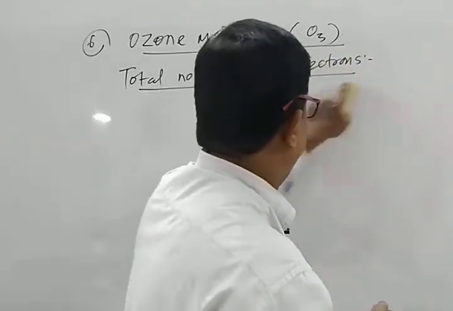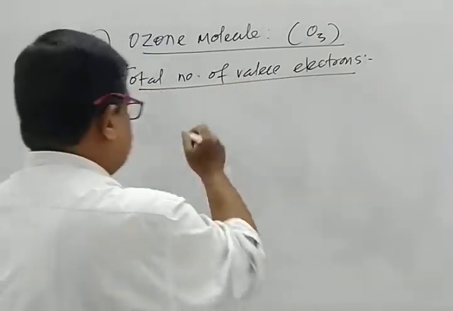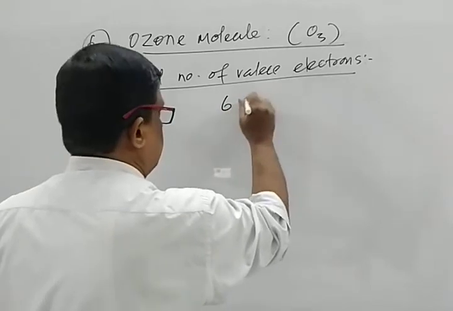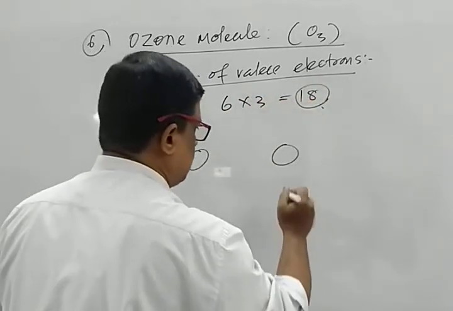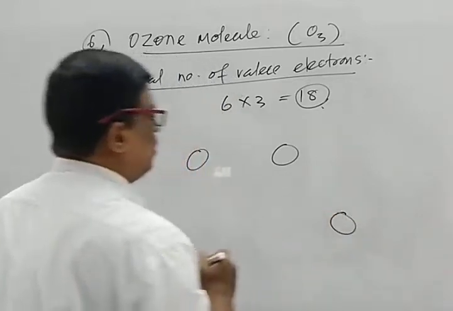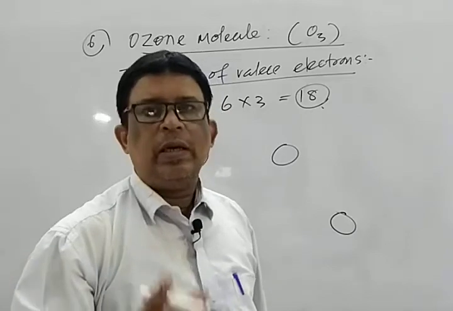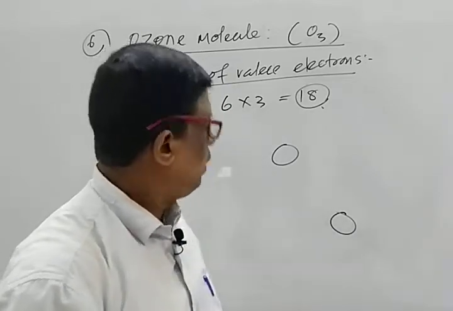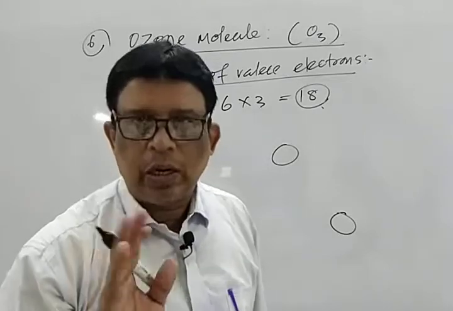Oxygen, atomic number 8, 2, 6, valence electron is 6. So 3 are there, 6 into 3, 18 electrons are there. So we have to arrange the skeleton, representing the electrons such that each one attains the octet.